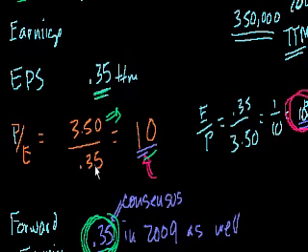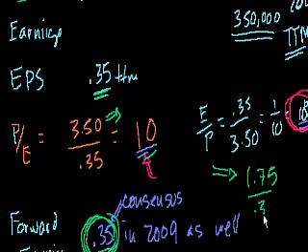Maybe the price goes to $1.75 a year later, which seems like a really good deal, because now the price to earnings, $1.75 divided by 35, would be a 5 price to earnings. But this could happen. Companies go from a 10 to a 5 price to earnings. And if you need that money a year later, you've lost half of it. So there's some volatility in the price, even though you're assuming that the earnings are stable.